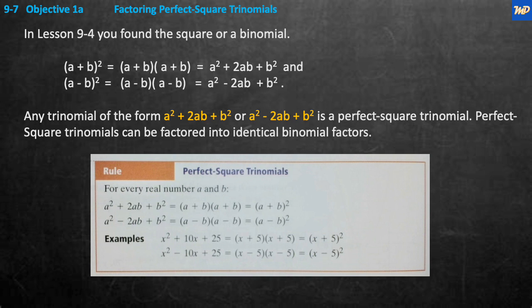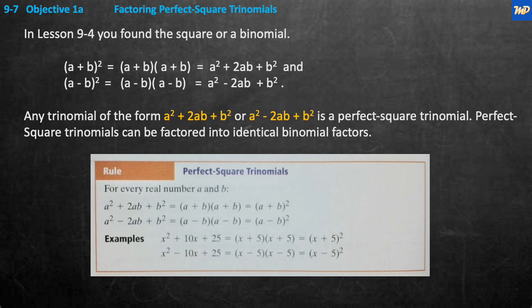Objective 1a. There are two slides to this objective description. Factoring perfect square trinomials. In lesson 9-4, you found the square of a binomial. Today we'll look at a plus b squared and a minus b squared.